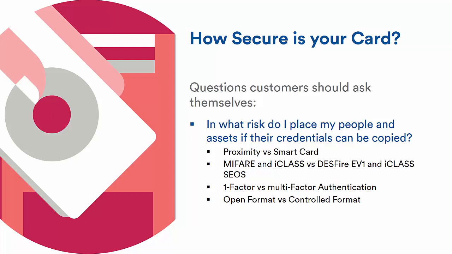So you can sort of see a pattern here of an evolution of credential technologies. Now, if we look at the case of HID, HID's iCLASS has been hacked. And now there's the iCLASS SEOS, which is the latest generation that has not been compromised. So, the moral of the story is that smart cards are harder to hack because they have security mechanisms, but some are more advanced than others.